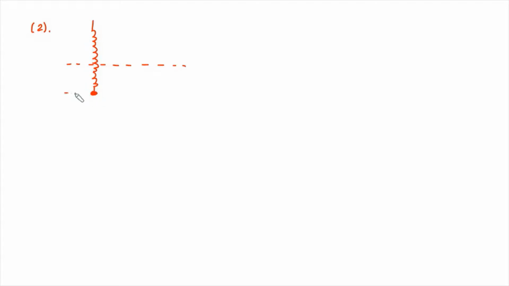So that means this distance is going to be minus A. That's minus A, and this is the equilibrium level. So at this point, as I told you, there's no speed. The speed of the mass is equal to 0 because it's at this extreme point, the maximum displacement from the equilibrium level. So this is what we call the amplitude.